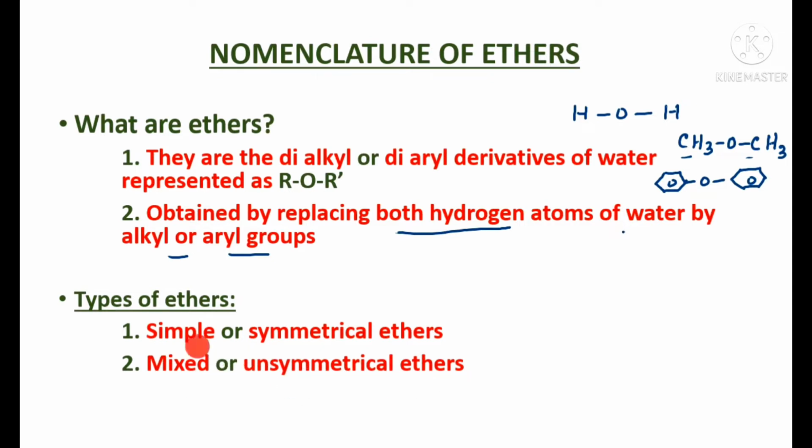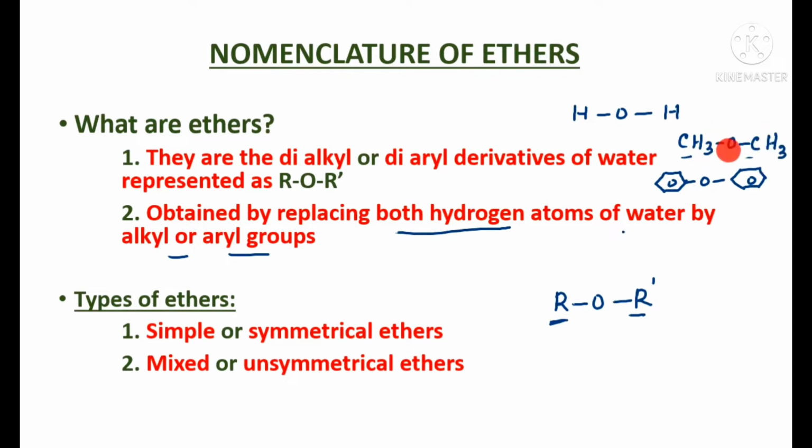We call the ethers simple or symmetrical ethers when, in R-O-R', this is the general formula for ether, is it not, the alkyl groups R and R' are the same or similar. See, this is an example: CH3OCH3.